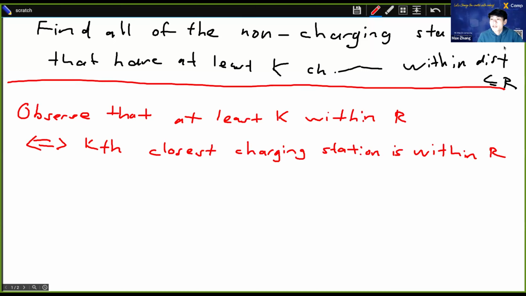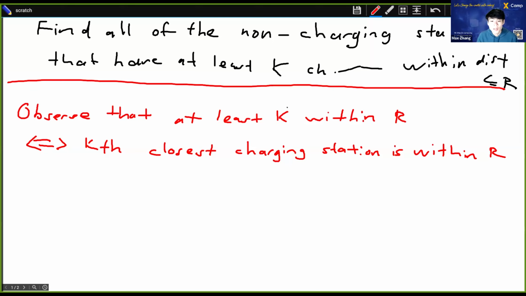If you think about it, if you sort all the charging stations with respect to how close they are, you have the closest, second closest, third closest, up to the kth closest charging station, which needs to be within distance R. If that one's not within distance R, then you have less than k charging stations within distance R. And on the other hand, if it was, then you would have enough.